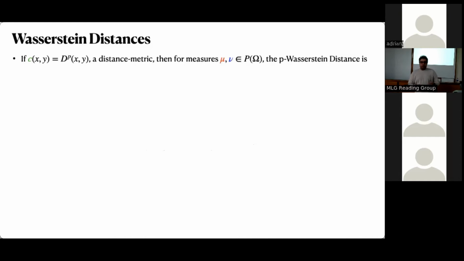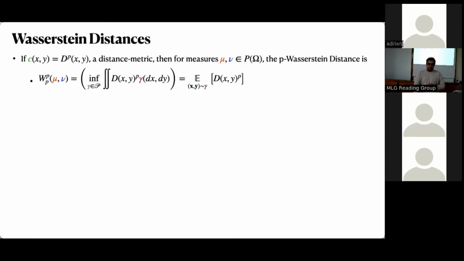The p-Wasserstein distance, given an optimal transport coupling where the cost function is specifically a distance metric, is the infimum of the double integral of the cost function times the coupling, where the coupling belongs to the family of distributions that satisfy the marginal constraints. That infimum is the Wasserstein distance between mu and nu.